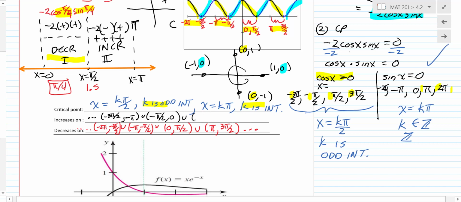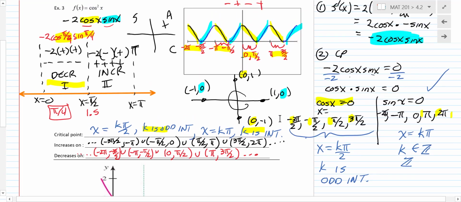Then you would have pi over 2 to pi. And then let's do one more: you would have 3 pi over 2 to 2 pi if you carried that out. Now, if you look at the pattern, they're totally backwards. So on the increasing, the right endpoint is like the k pi, and then the left part of the interval is like the k pi over 2, like that.